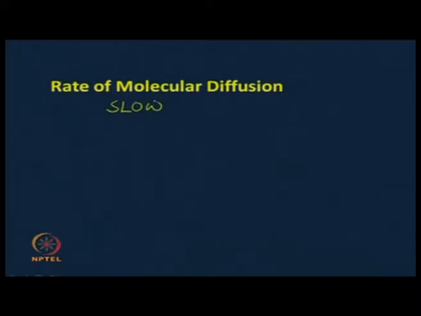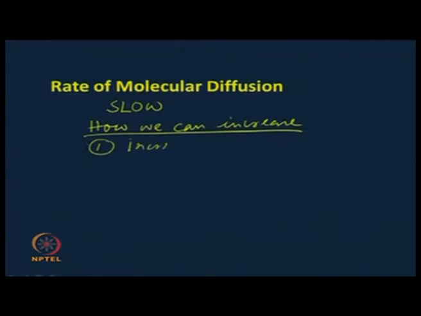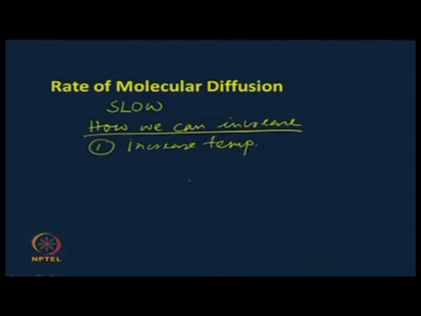How can we increase this rate? There are two ways. One is to increase temperature. If we increase the temperature, the molecular motion will increase and the rate of molecular diffusion will increase.